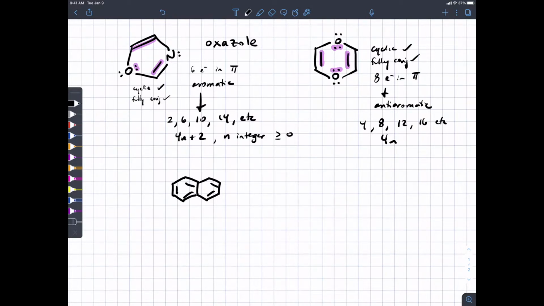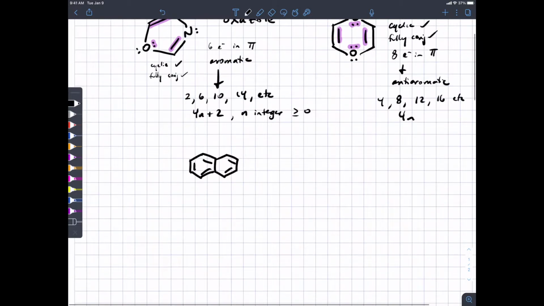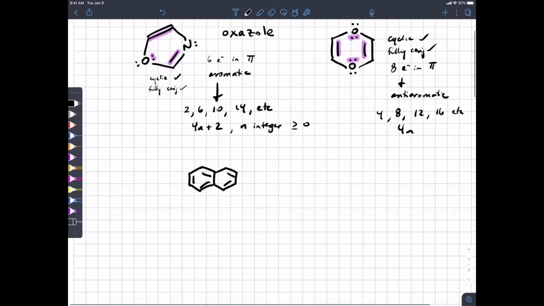Yeah? What's the molecular geometry necessary for aromaticity? That's good. Planarity is necessary for all of the p orbitals on these atoms that are conjugated to line up with each other.